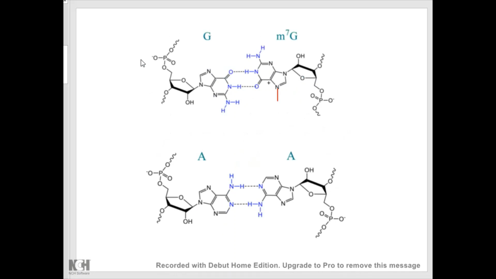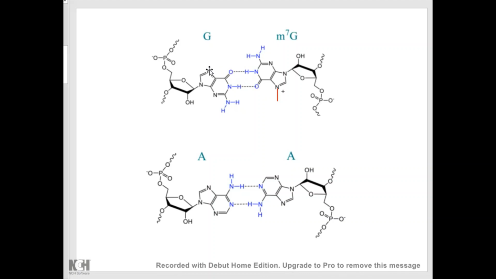So now I do the same with guanine and M7 guanine. So this is guanine methylated at 7th position. I show here the methyl group and the positive charge in the structure of guanine. So for the guanine bond, you can actually draw several different versions of GG bonds.